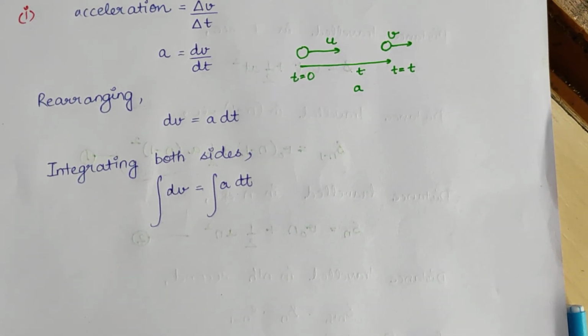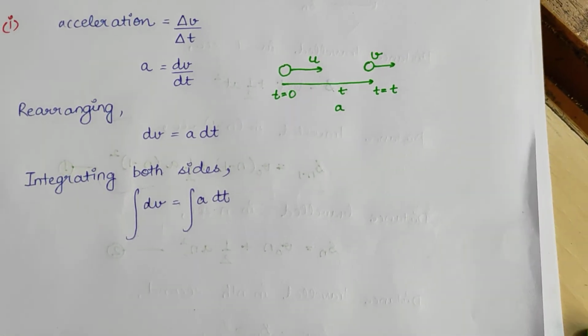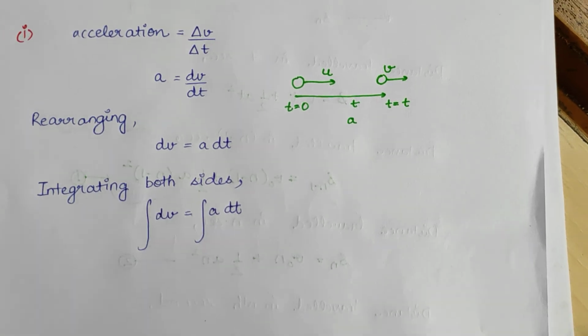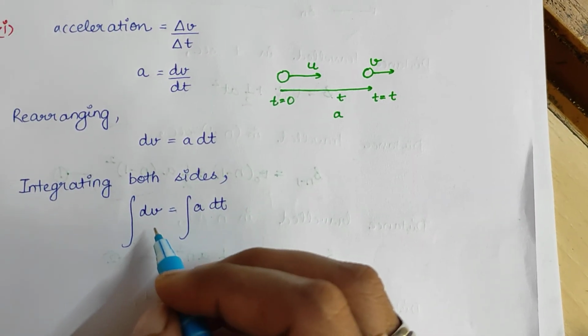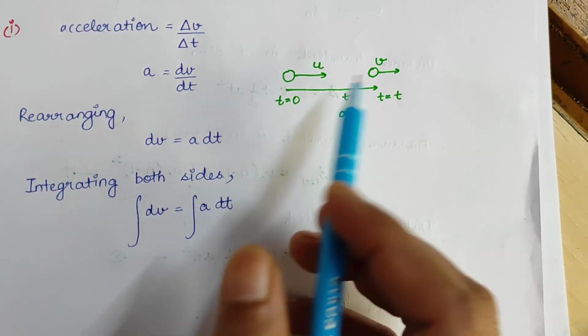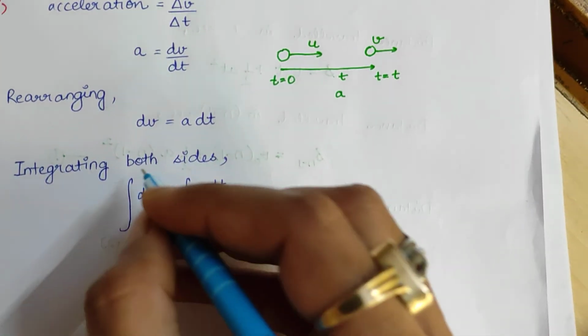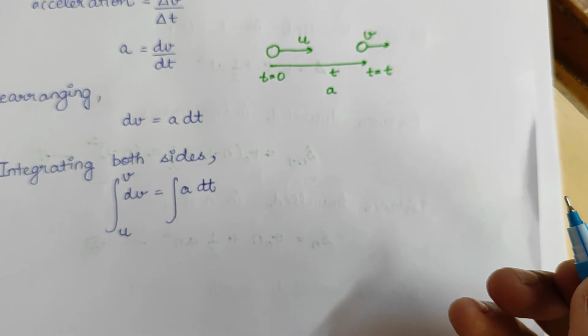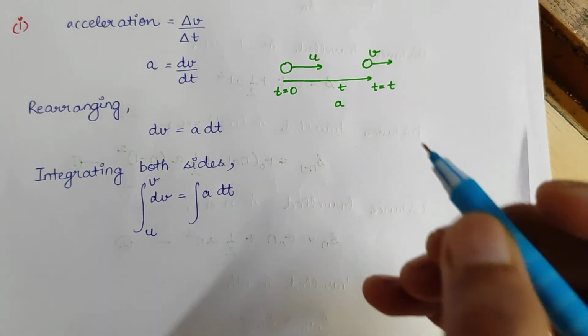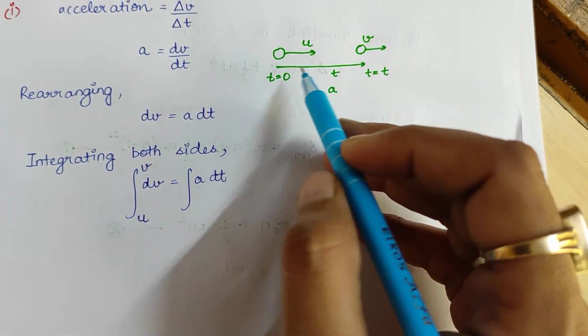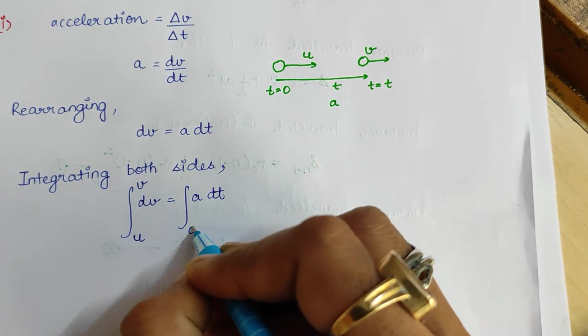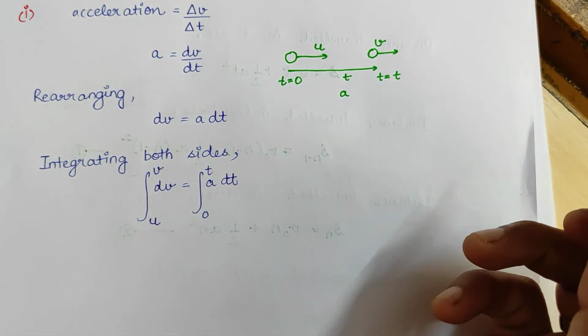So if we put in the limits, the limits of velocity are from initial velocity u to final velocity v, and the limits of time are from initial time 0 to final time t.